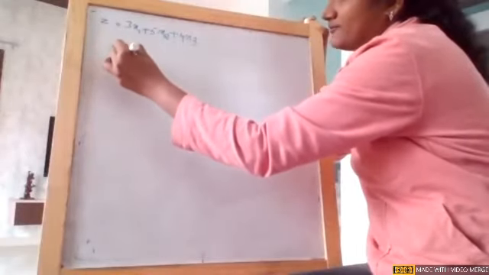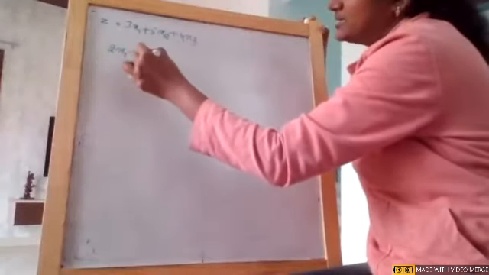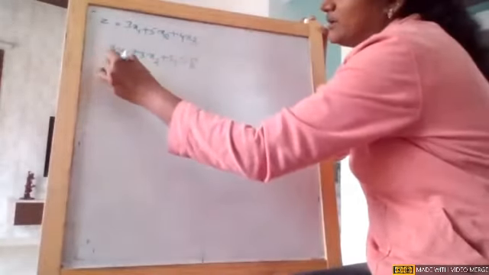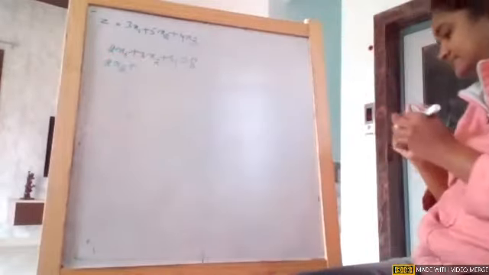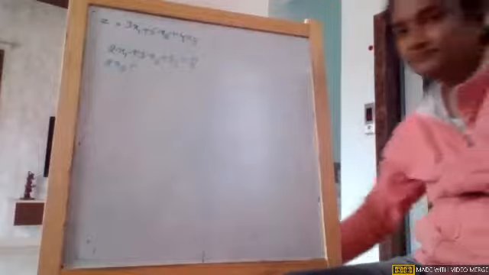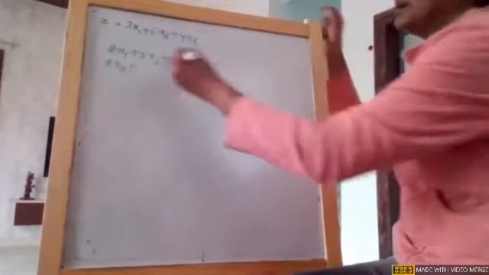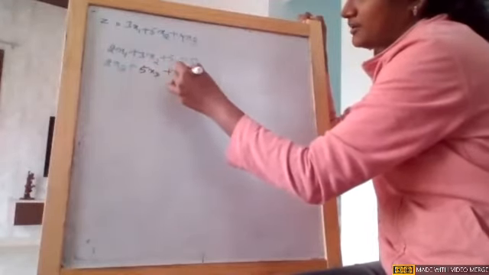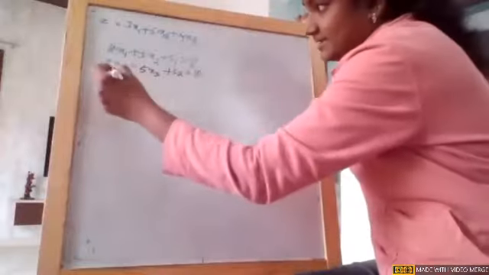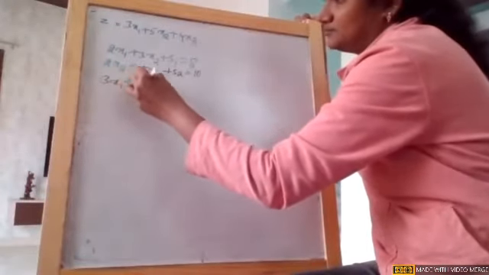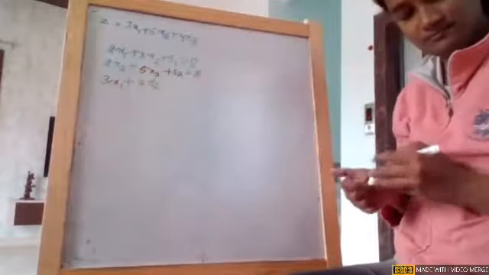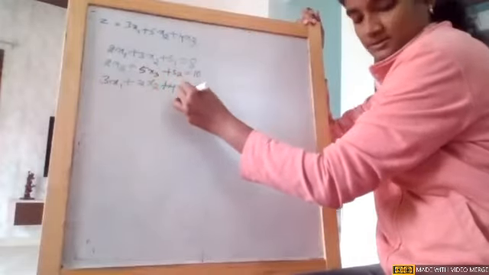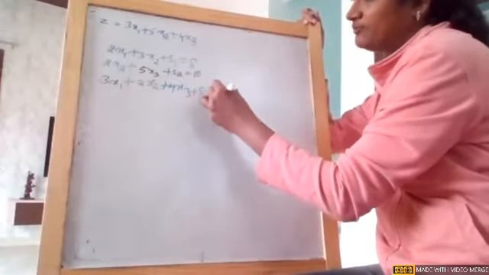So first, I'm converting the constraint equations: 2x1 plus 3x2 plus S1 is equal to 8; 2x2 plus 5x3 plus S2 is equal to 10; 3x1 plus 4x3 plus S3 is equal to 15.